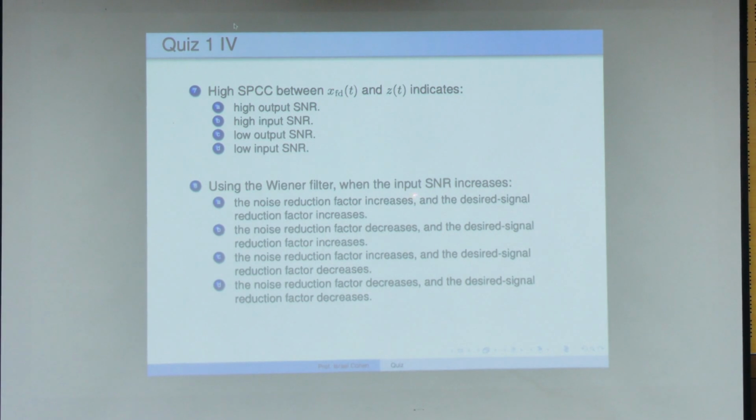If the input SNR increases, it means that we have less noise in the input, so the Wiener filter doesn't need to work much. It's less aggressive, so it reduces less noise, which means that the noise reduction factor decreases. What about the desired signal reduction factor? It also decreases because we have less distortion, because the input SNR is high. So it's D, correct.